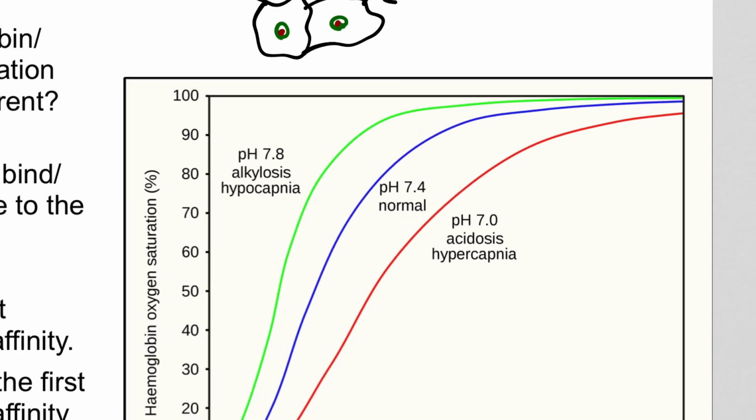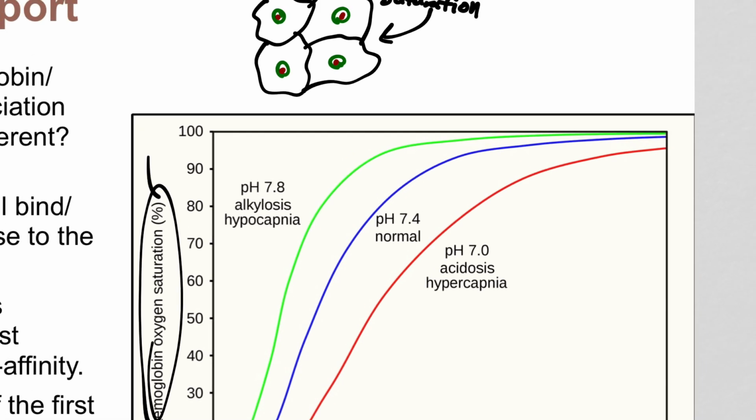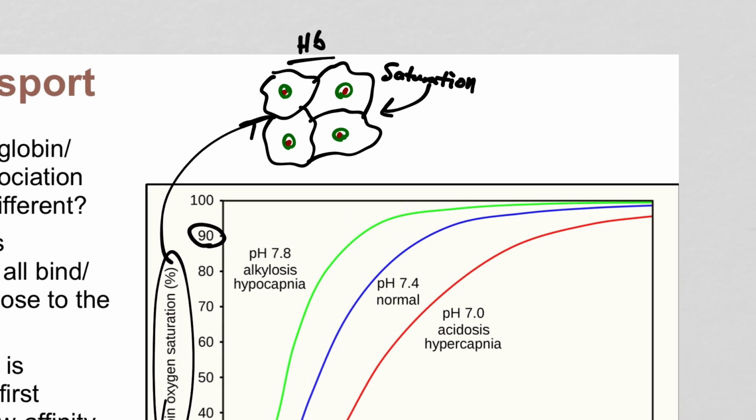That is exactly what the y-axis in these graphs is going to be showing us: what percentage of these binding sites are full of oxygen and what percent is empty. And so if the graph says saturation is 90%, it means 90% of those binding sites have an oxygen on them and 10% don't. You can also have some oxygen just floating in the fluid of your plasma.